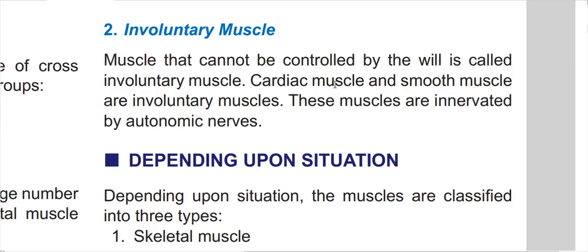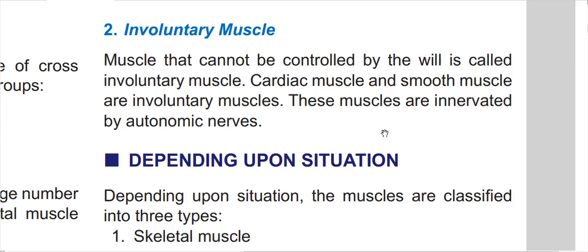It functions by itself. Smooth muscles are the muscles of the GI tract, blood vessels, and body viscera; they don't contract or relax by our will. They function on their own. These are innervated by the autonomic nervous system, directly controlled by the nervous system.